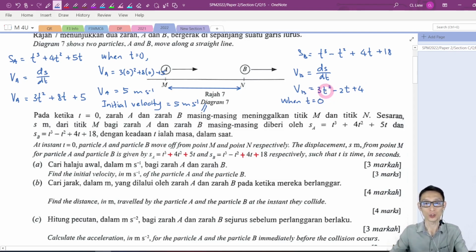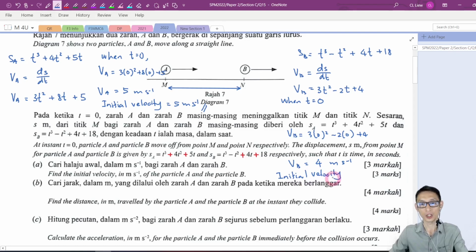But I still show you how to get the 4. So velocity for B is equal to 3 times 0 squared minus 2 times 0 plus 4. So the velocity is equal to 4 meters per second. Initial velocity for particle B is 4 meters per second.